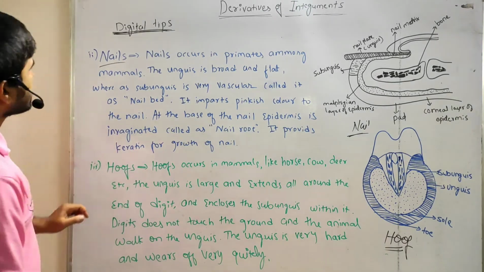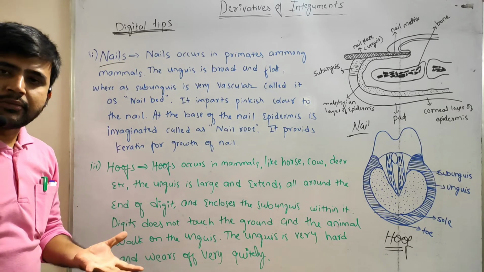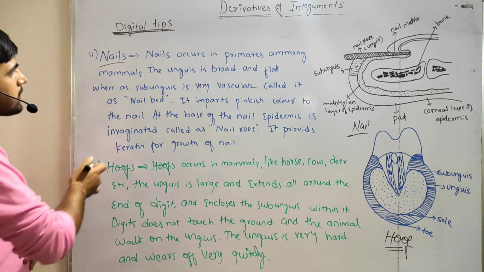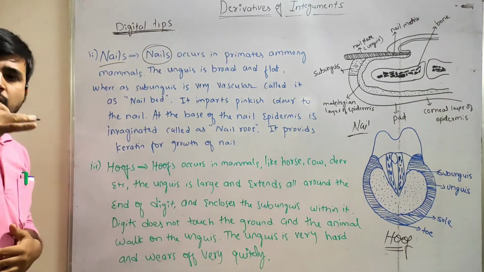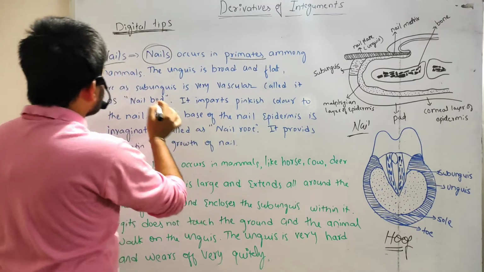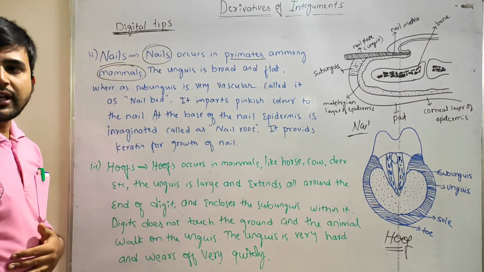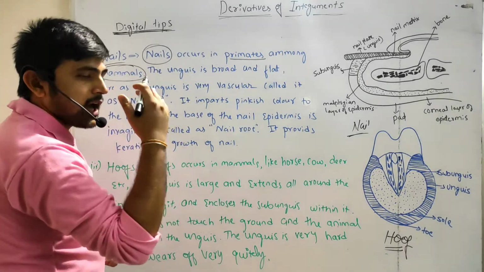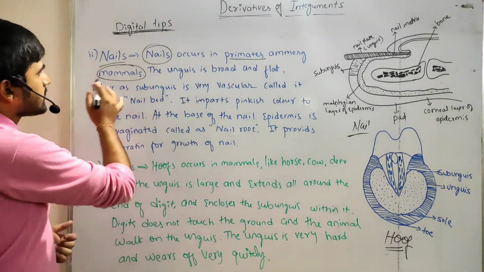So in this, how will the nail be formed and how will it develop? Nails are found majorly in primates among the mammals.